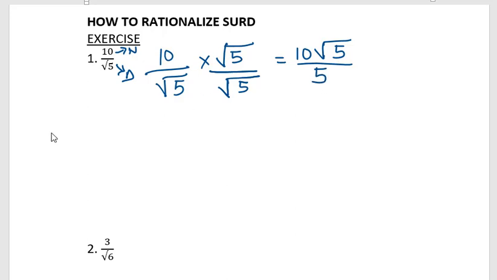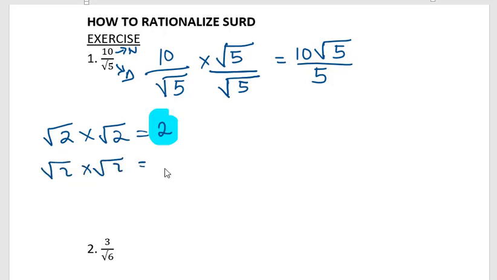Okay, I think this is a good way to think about this. Let's have surd 2 multiplied by surd 2. Same surd, right? Multiplying themselves. The answer to this is 2. But before we just say 2, let's prove this. Now watch, surd 2 multiplied by surd 2 is surd 4, right? Because 2 multiplied by 2 is 4, and then you just have the surd. But then what's the square root of 4?